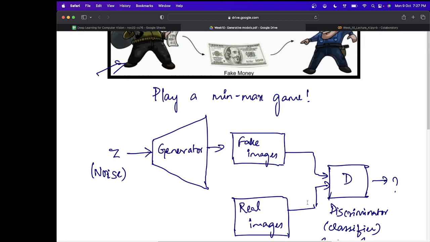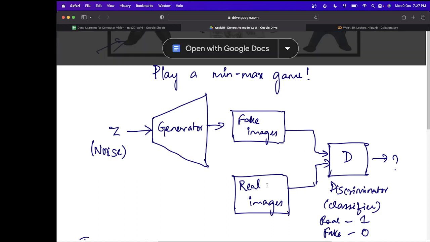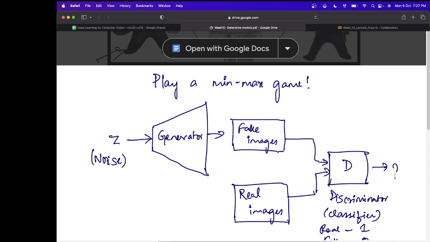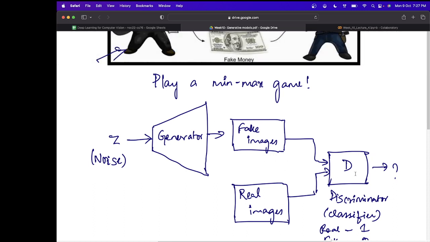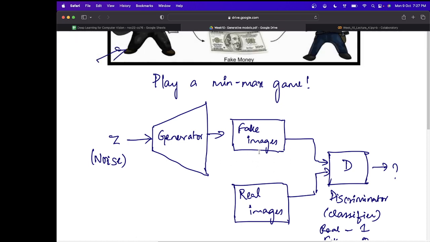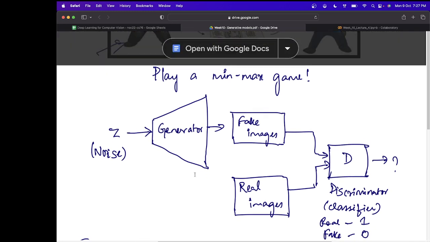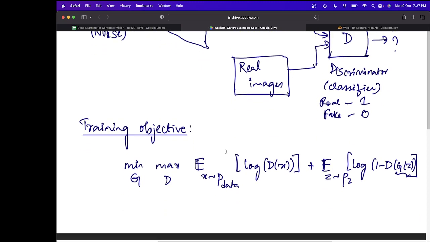That will be very easy for the discriminator to identify. But now the generator will keep on improving itself, right? By looking at the discriminator's abilities. It'll keep on improving itself, which will make sure that the fake images get better and better with time, until a time comes when the fake and the real images are not that distinguishable, right? So that is the moral of the story in GANs, right?